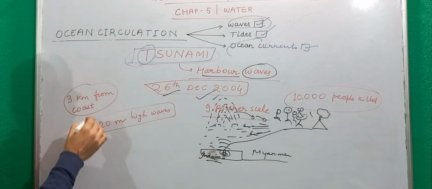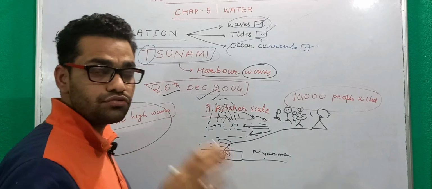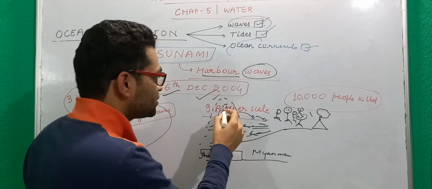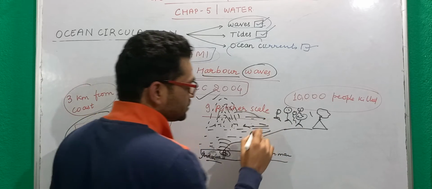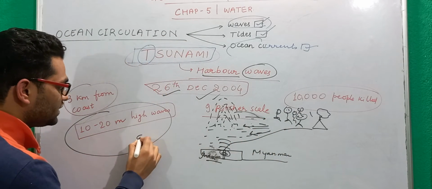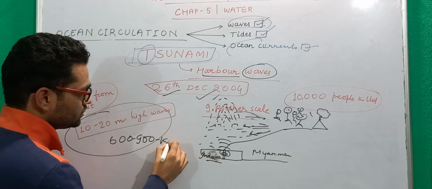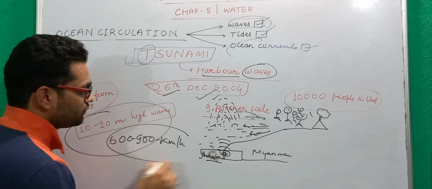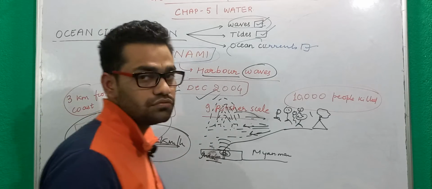The height was like 10 to 20 meters, and the speed was 600 to 900 kilometers per hour. So you have no time when something of this speed is approaching you, right?